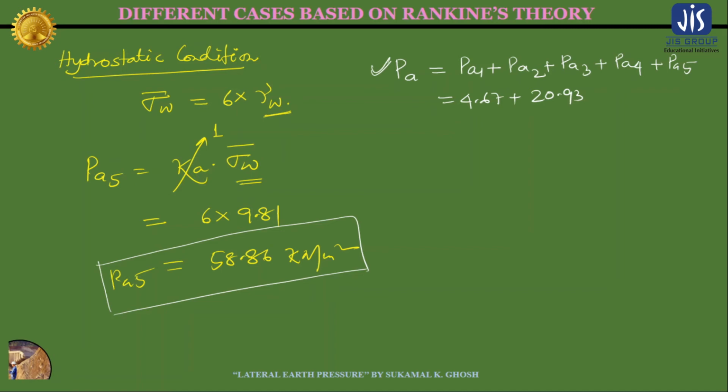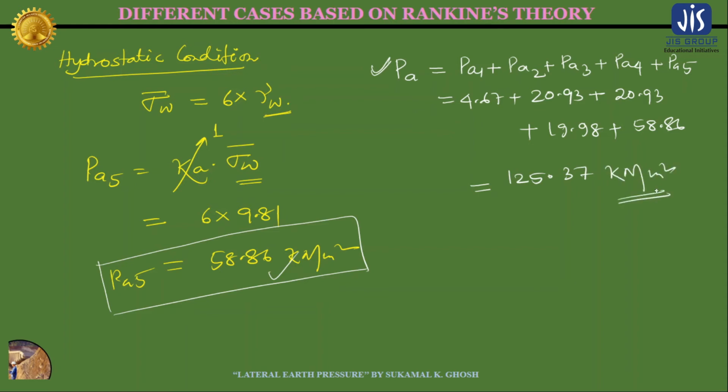We just want to calculate the resultant active earth pressure force. But still, just for the knowledge, I am calculating it. Pa3 was also 20.93, Pa4 is 19.98, and Pa5 is 58.86. So if you solve it, you will have 125.37 kilonewton per meter square.